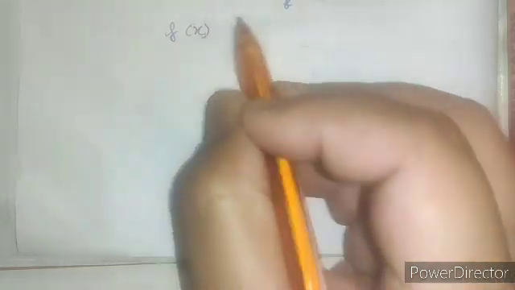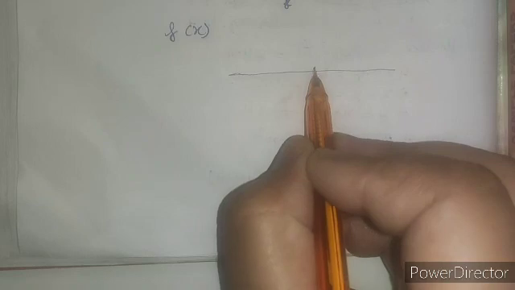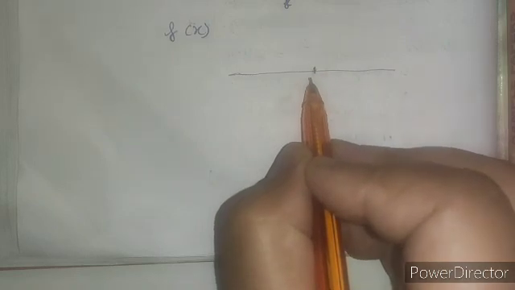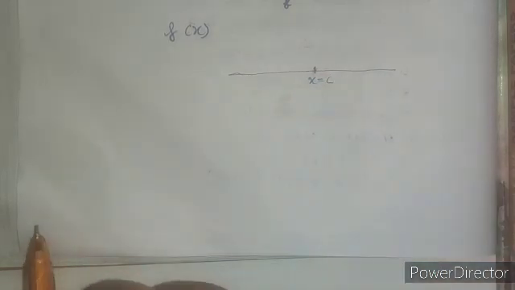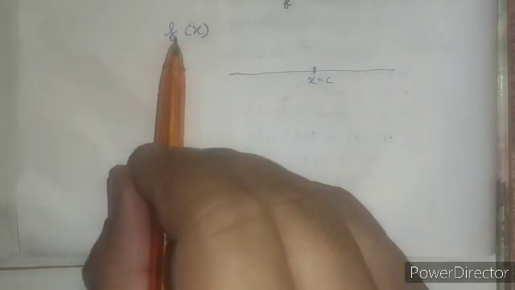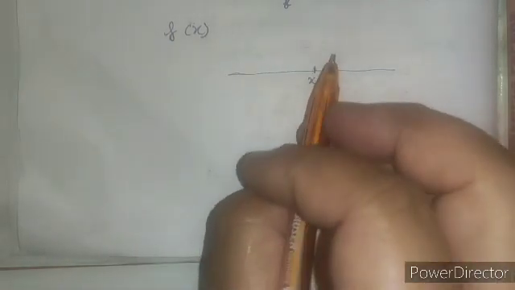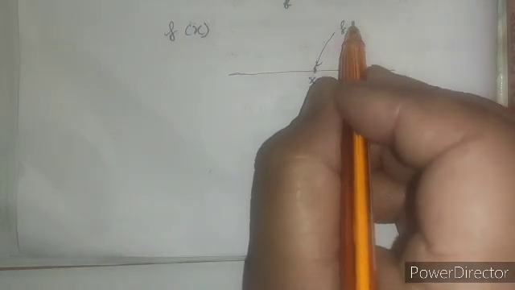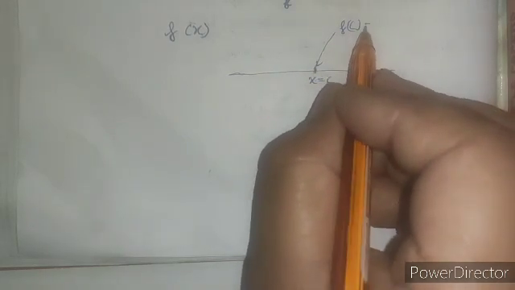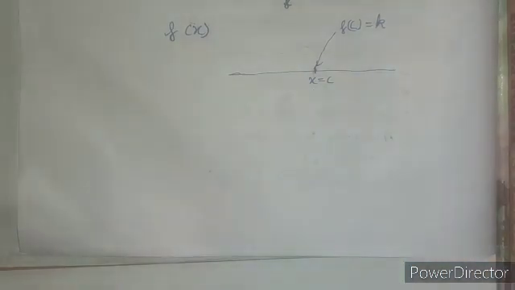Suppose there is a function f(x) and we have to check its continuity at c, and suppose here I am taking the point c, where x is equal to c. First of all we will find out the value of the function at c, and suppose this is equal to k.